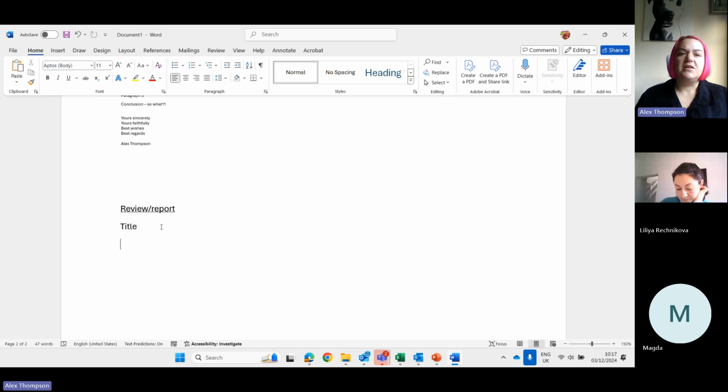So, for example, the last one, we said that we were writing something to the council about the bins, the waste collection. So my title would be something like bin collection or a report into issues surrounding changing bin collection dates. It's a little bit long-winded for an example, but we just have a title.